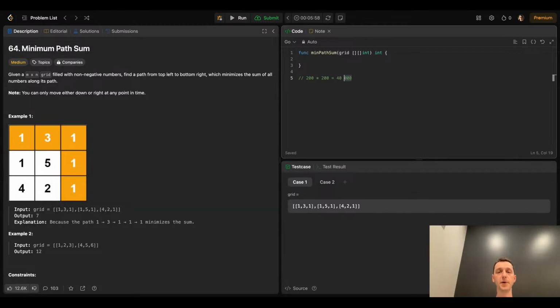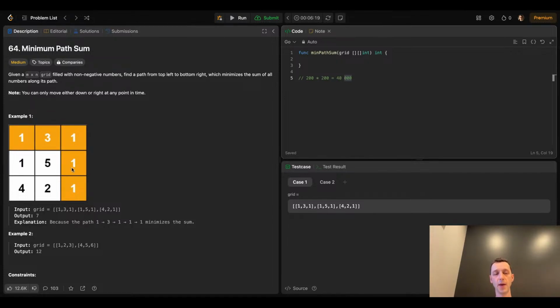We will know the number in amortized constant time, if we store those in some kind of a map.